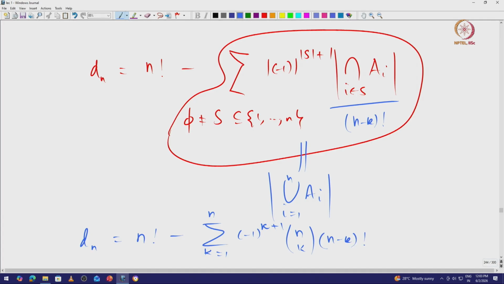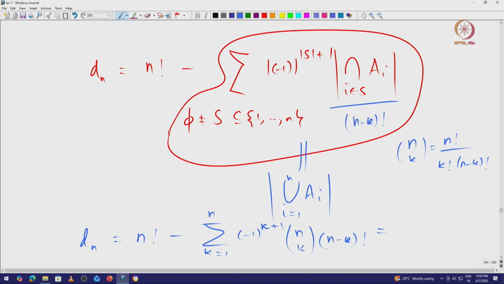Now if we rewrite this formula, n choose k is nothing but n factorial divided by k factorial times n minus k factorial.